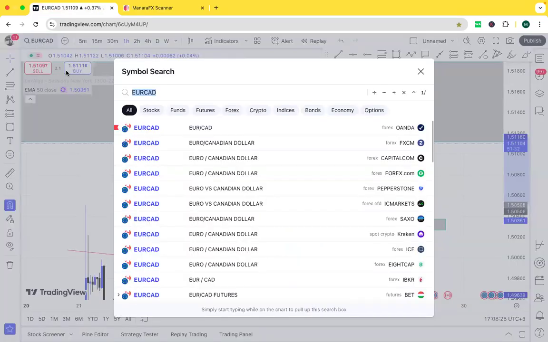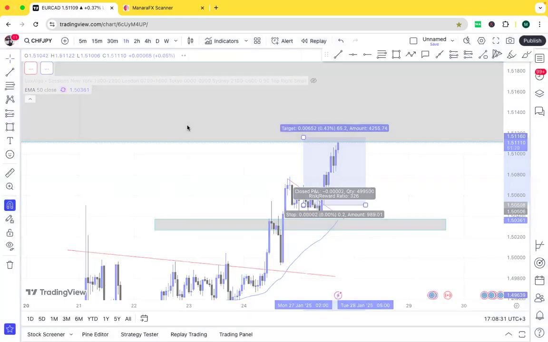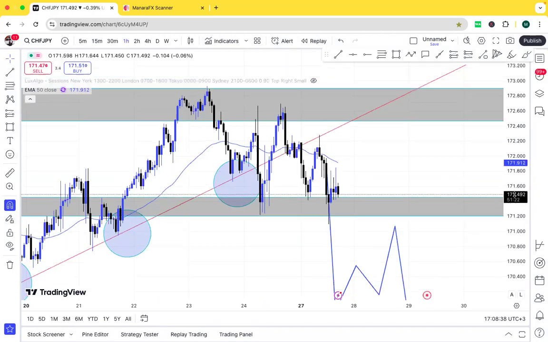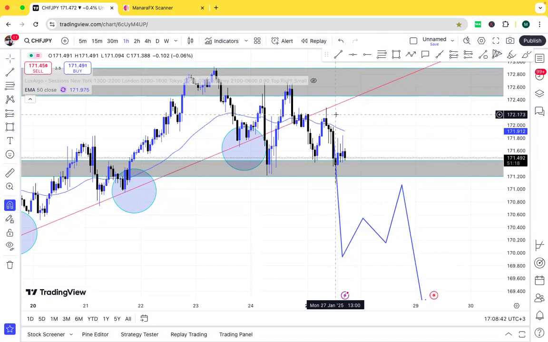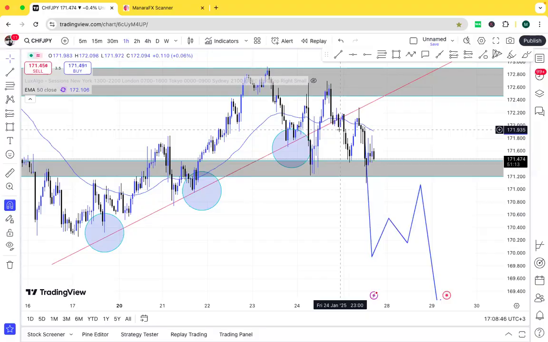CHFJPY. No, I'll not tell you guys to do that, because some people will take the trade here and then they'll start, oh, the trade is on Friday now. Yeah, someone just on my DM, the CHFJPY trade guy, is it still running?